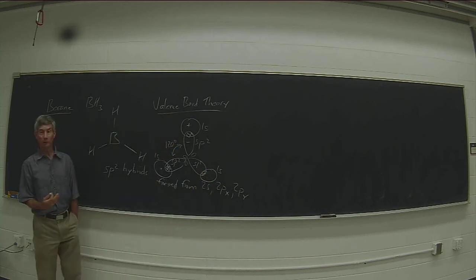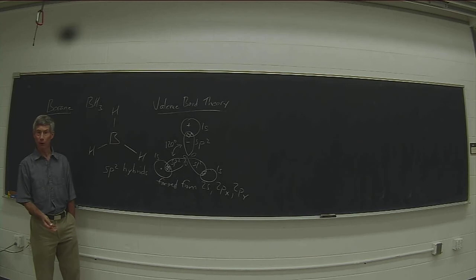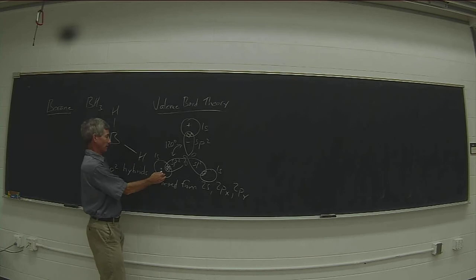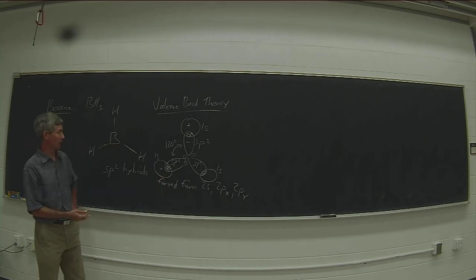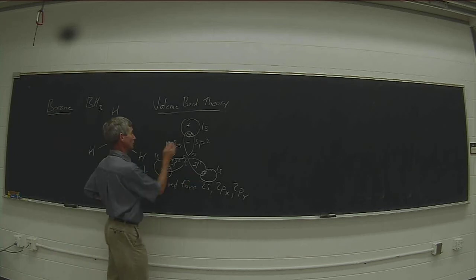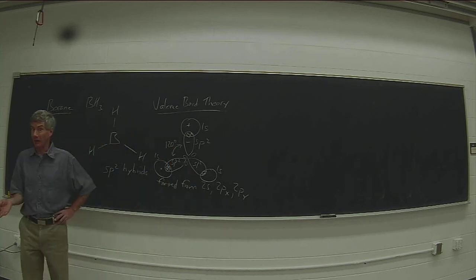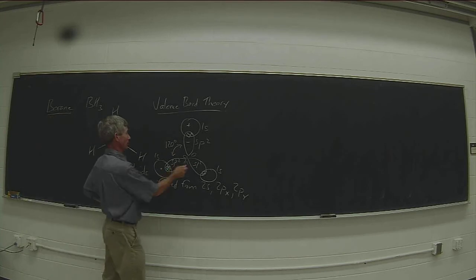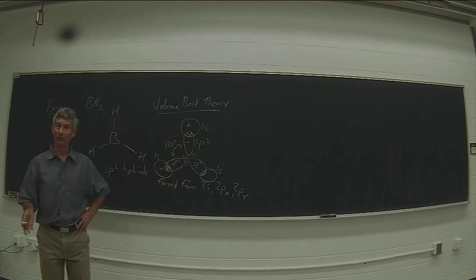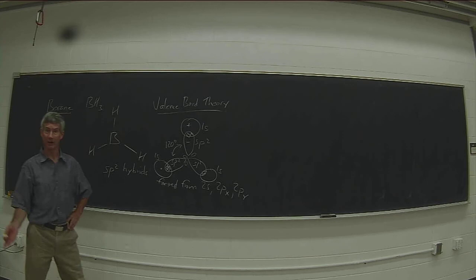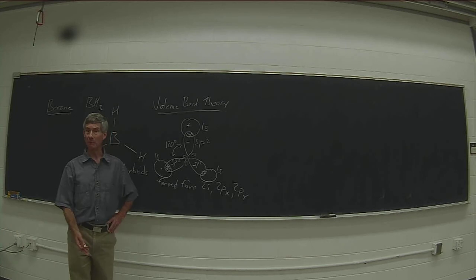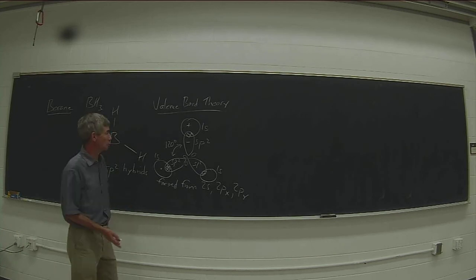So you would get 3 identical bonds, each formed by overlapping one of the hydrogen 1s orbitals with one of the sp2 hybrid orbitals on the central boron to form 3 sigma symmetry bonds. And you would incorrectly, as it turns out, predict that all 6 of those electrons in those bonding orbitals would have the same energy. That's no more true for borane than it was for beryllium hydride, which means that valence bond theory has, again, localized my sigma bonding electrons too much.